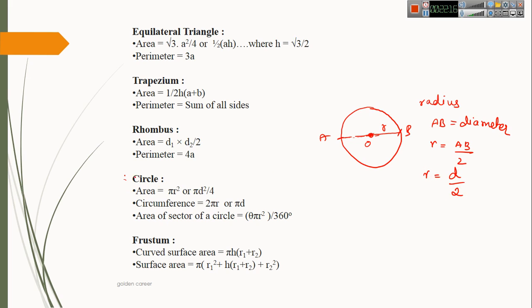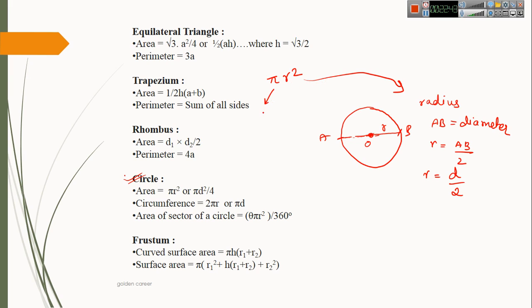Now taking into account area, the area of the circle is pi r square, where r is the radius of the circle. The only defining parameter of a circle is its radius, and there are no other parameters like length, breadth, or height like in other plane figures. We only have radius here.